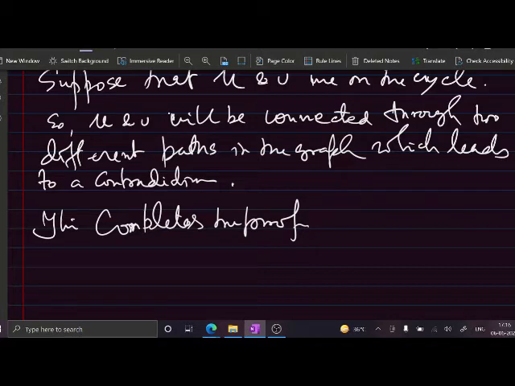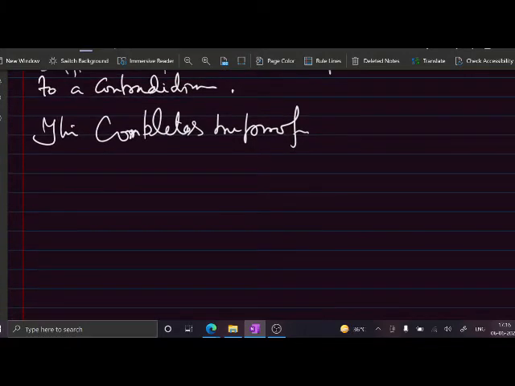But apart from this theorem, the next one will be more efficient and more effective in checking whether a graph is a tree. So what is the theorem? It's a very nice observation.